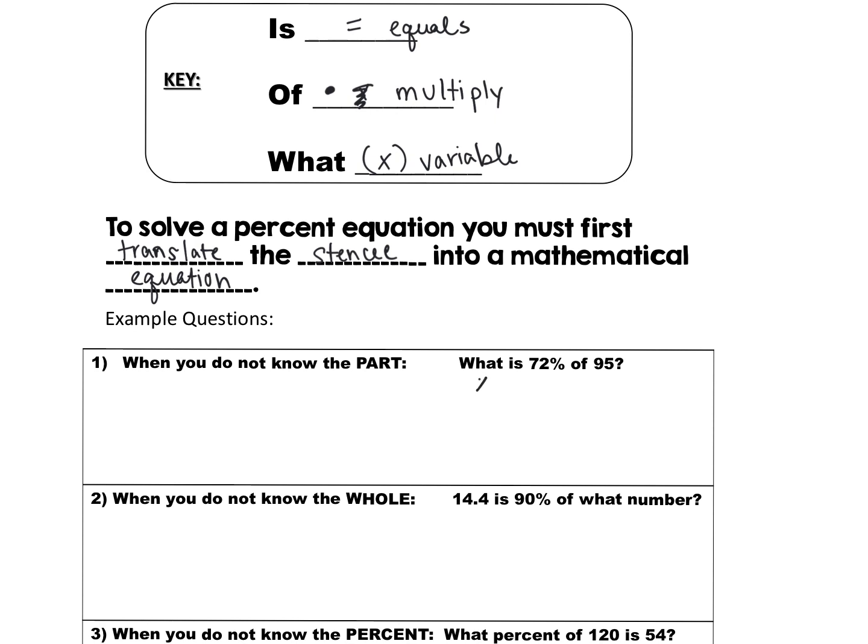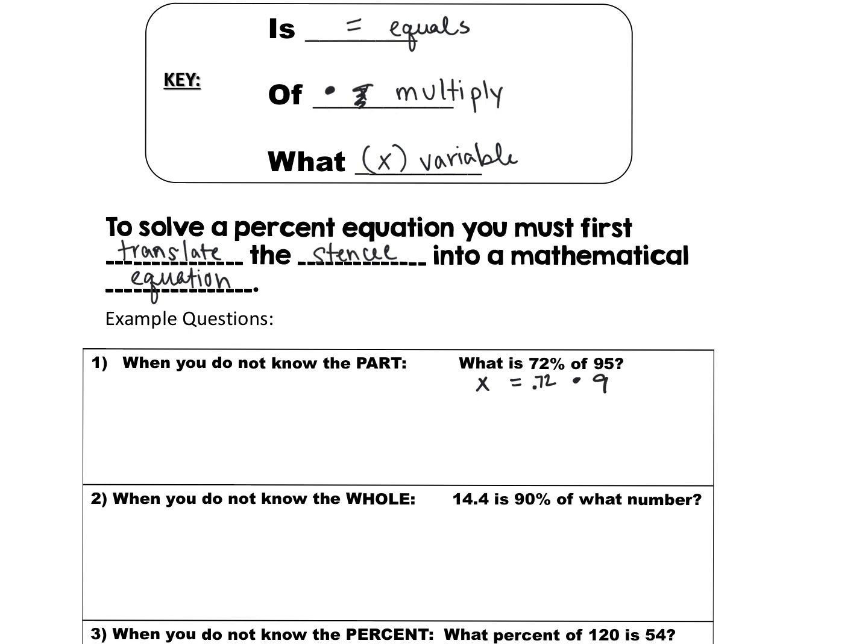So again, what is our x? Is our equal sign. 72% will be our 0.72, or 72 over 100. Of is our multiply, and 95.